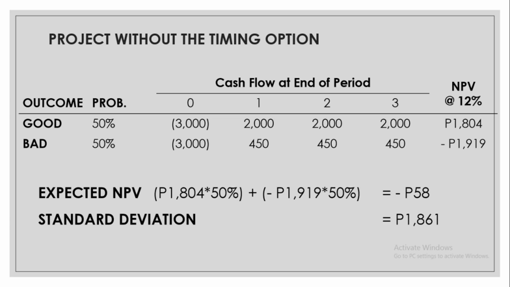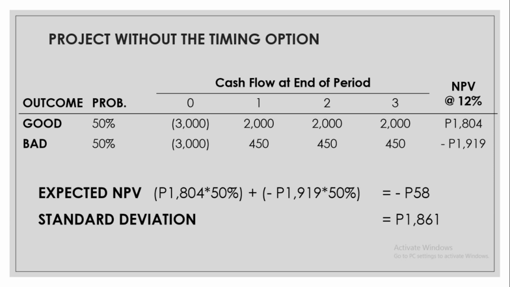Let's get their weighted average NPV using the WACC of 12%. For the good outcome, the NPV is 1,804, and for the bad outcome, the NPV is negative 1,919. In this case, the expected NPV is negative 58, and the standard deviation is 1,861.